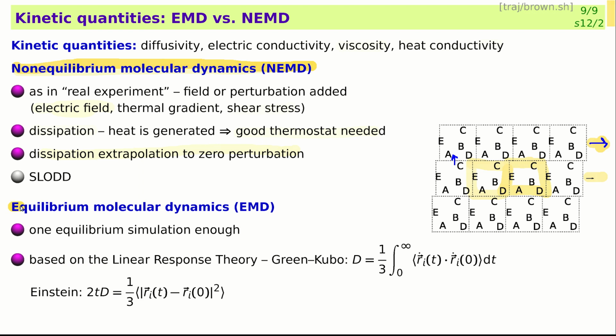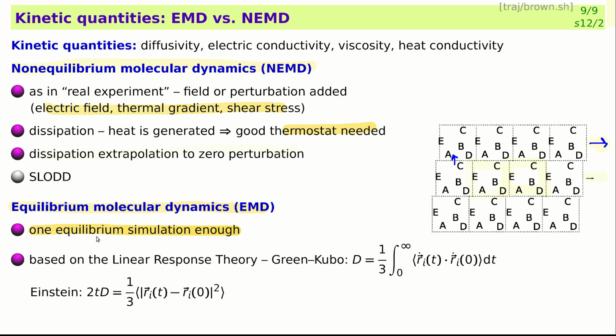The other part of methods is called the equilibrium molecular dynamics. It's the normal molecular dynamics without anything added, without any perturbation added. So there is no heat generated, but I need smart formulas how to calculate what I want. That is, in principle, I run one simulation and I can get many quantities out of it.